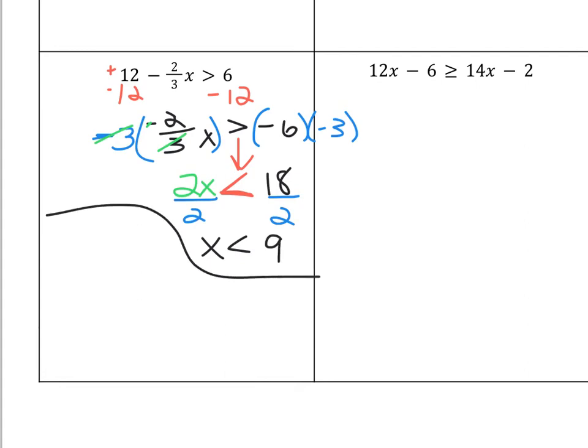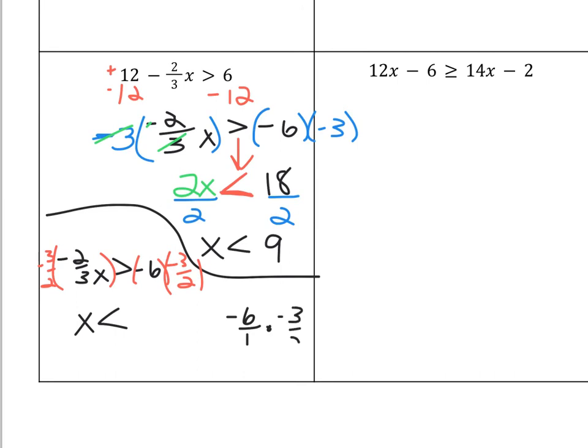Now, if you want to do the multiplying by the reciprocal thing, so if I'm starting at this step, then this is what it would look like. So I would get x, since I multiplied by a negative, it would be changing to less than, and then you're needing to multiply fractions, which is why I don't really like doing it this way.